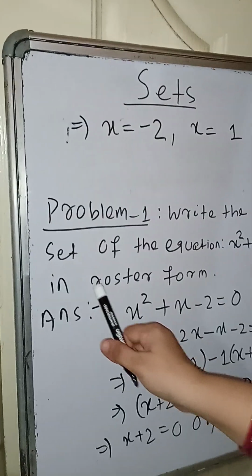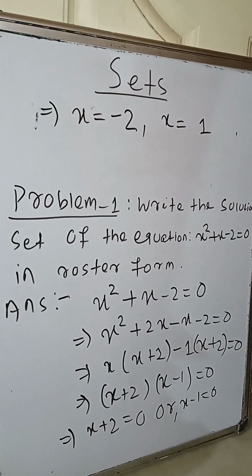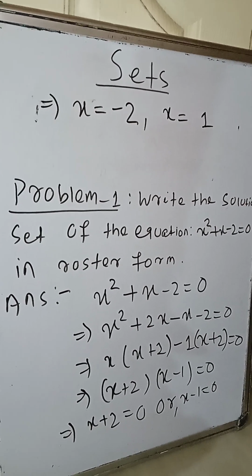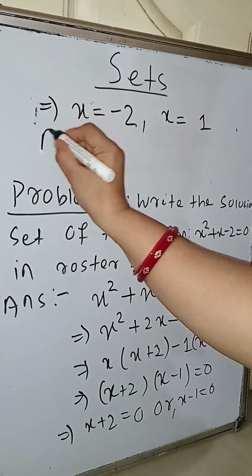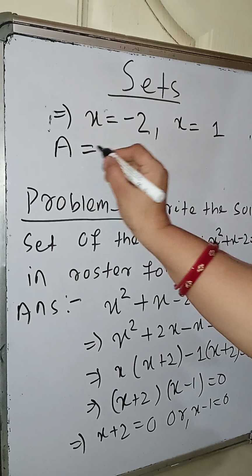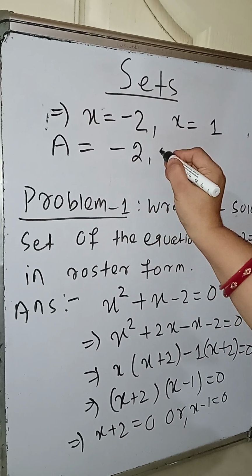The question is to write in roster form, which means tabular form. So you have to write the set by writing individual elements. So let us give a name to the set. Suppose this is the set A. So set A equal to, the solutions are minus 2 and 1.